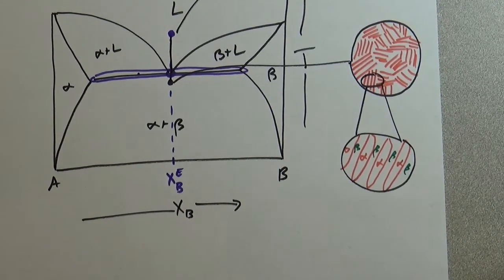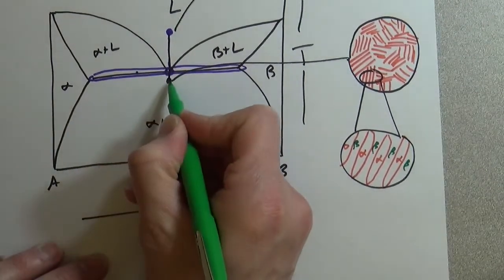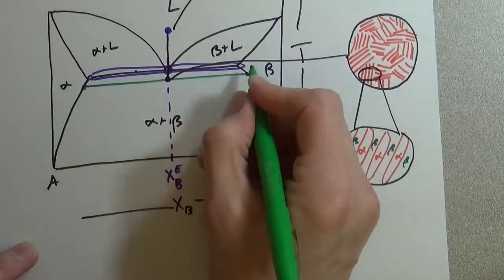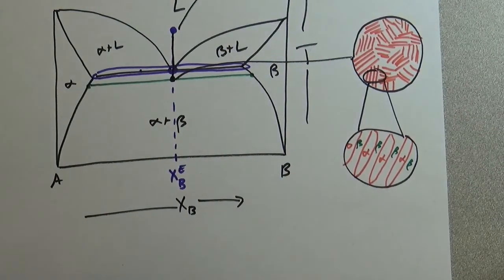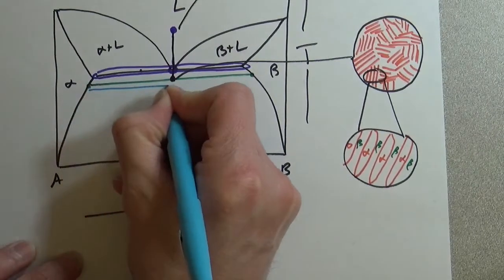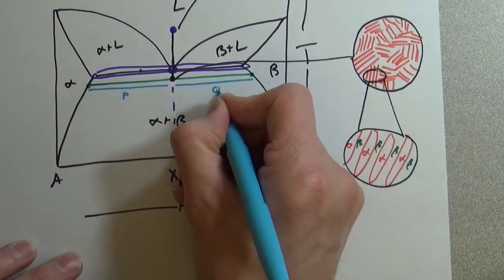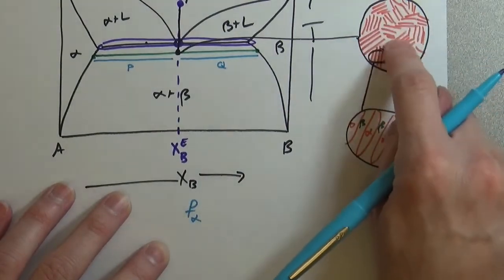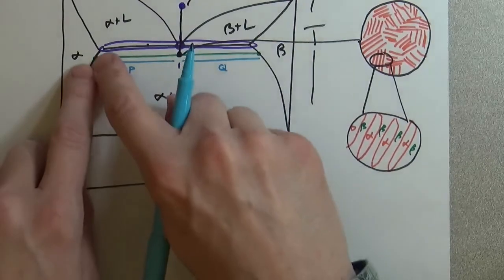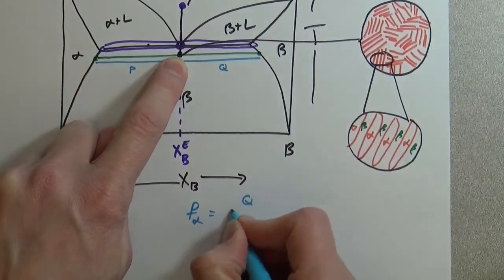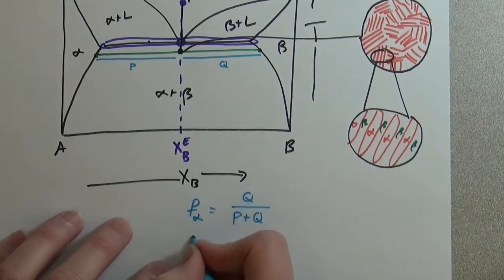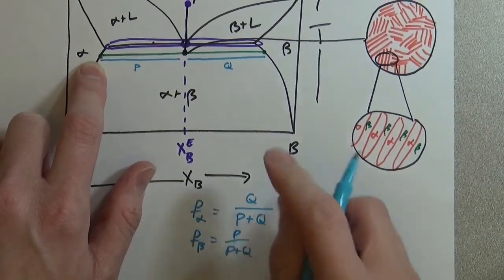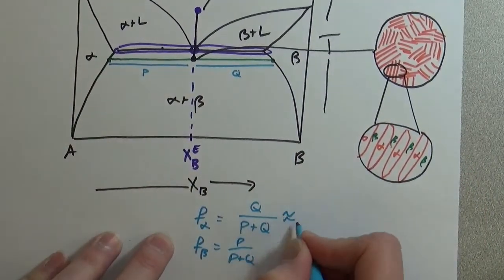What I mean by that is that if we go to our point and draw our tie line, let's define this distance here as P and this distance as Q. Then the fraction of alpha in our microstructure is going to be, well, alpha's on that side, so it must be Q divided by P plus Q, and the fraction of beta is going to be P divided by P plus Q. And looking at this, that's around a 1-to-1 ratio, huh?